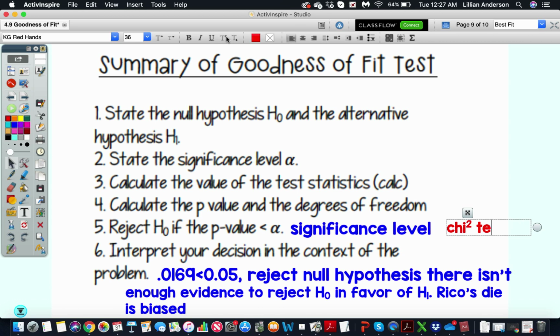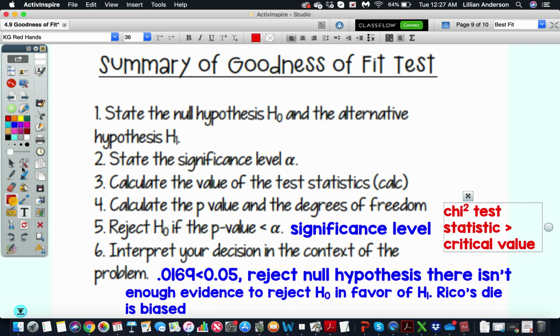Okay, so the chi-square test statistic, you compare it with the critical value. They will give you the critical value if you were going to compare that. So if the chi-square test statistic is greater than or equal to the critical value, then you also reject as well. So add that in there as a note.